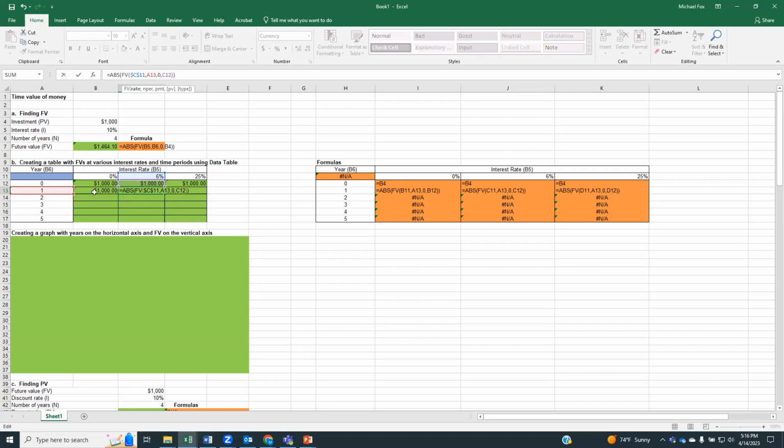But this one over here, my number of periods, I want to increase so that in the next year it's 2, and the next year, 3, 4, 5. So I'm going to leave that one as A13. And then when I fill, it will assume A14, A15, A16. Finally, C12, which is my present value, I want to stay fixed as well. So I'm going to tell Excel to do that by putting $ signs on either side of the C.